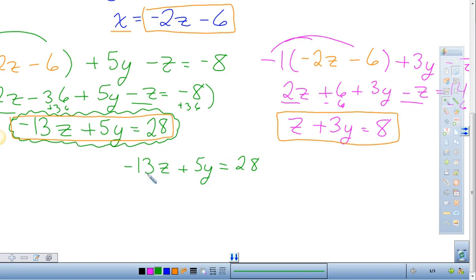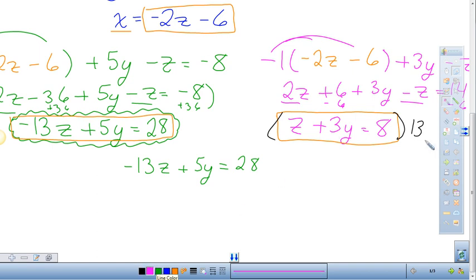So if you have negative 13z plus 5y equals 28 and z plus 3y equals 8, this screams elimination because it's in standard form. And since we have a negative 13z and a 1z, I am going to choose to multiply this entire equation by 13 so that my z's will cancel out.